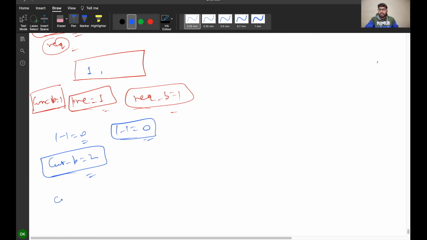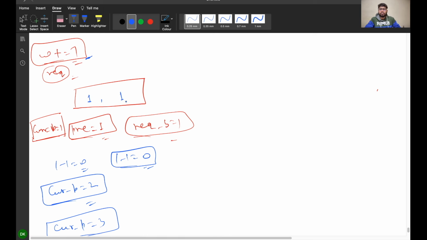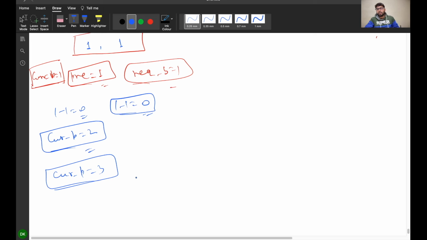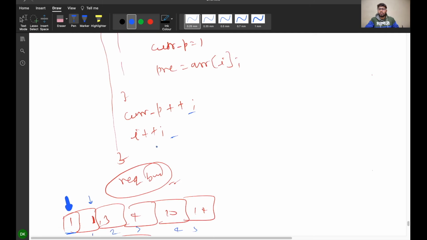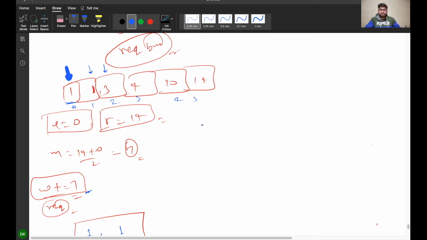So again my current person is 3, and I am also able to place this person in the particular bus. Okay. And now my current person is 3 and I is also 2. Now the element is 3.